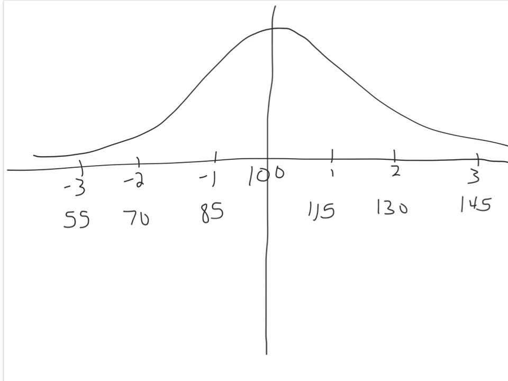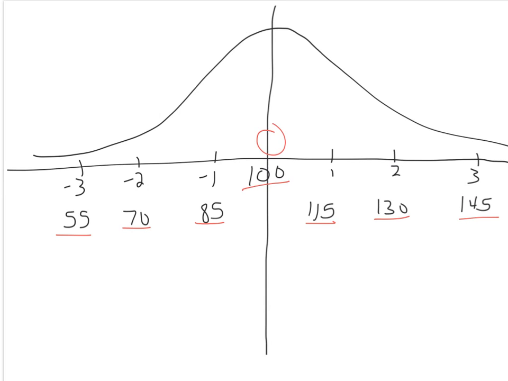Now on to the bell curve. And I've already put in the standard scores, underlined in red. And you notice that each standard score correlates to a specific standard deviation. So we start here with 100, the mean, 0 standard deviations. And then 115 to 1 standard deviation, 130 to 2 standard deviations, 145 to 3 standard deviations, 85 to -1, 70 to -2, 55, -3.